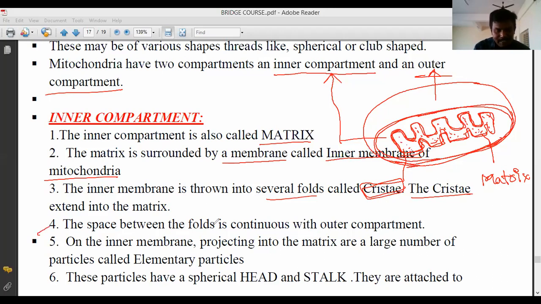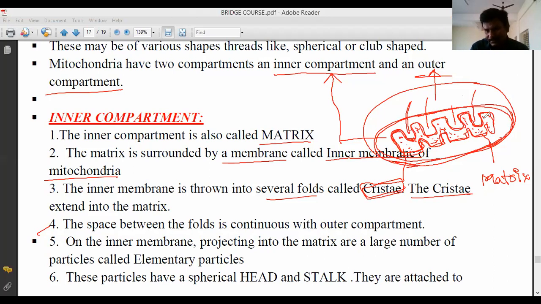Next point, the space between the folds is continuous with the outer membrane. So the space between the two membranes is continuous with the outer compartment.